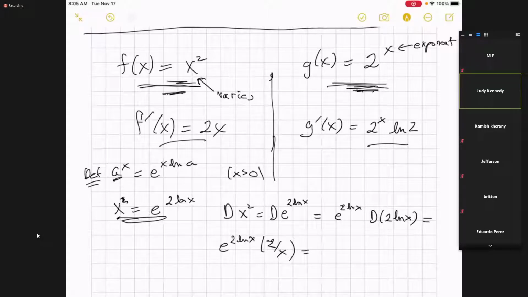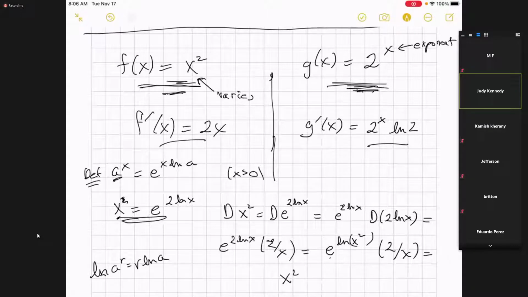And that's equal to, okay, e to the 2 ln of x is e to the ln of x squared, using the rule ln of a to the r is r ln of a. Just pull that 2 up into the exponent. And then e and ln are inverse functions, so they undo each other.